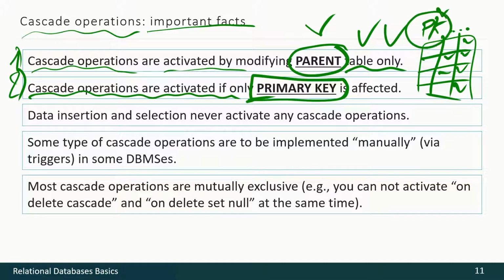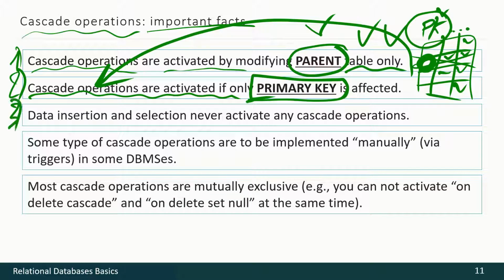You should modify the primary key, or you should delete the record. So when you delete the record, you are dealing with the primary key, and that will activate some cascade operation. The next, data insertion and selection never activate any cascade operation, so just remember it.